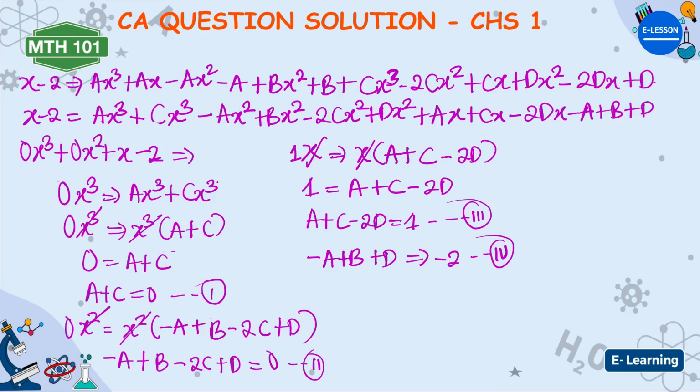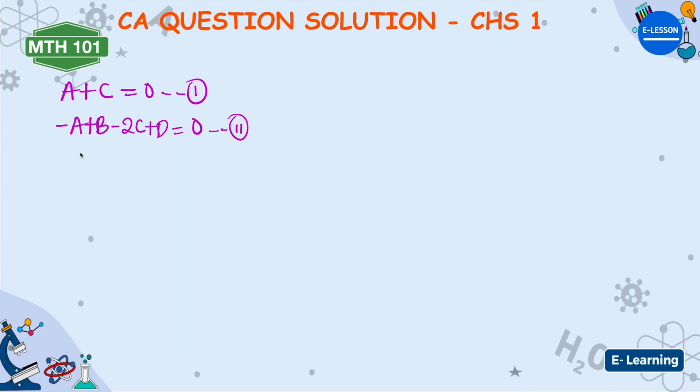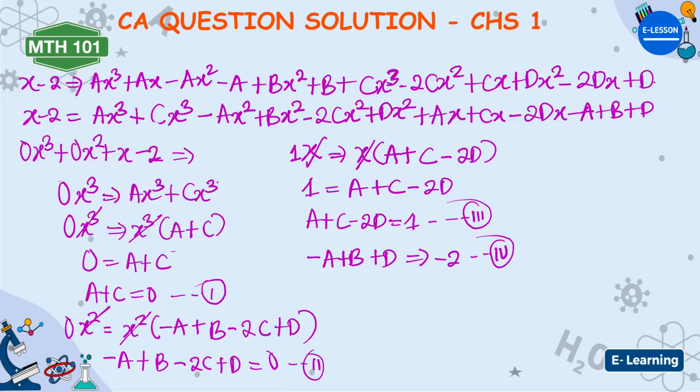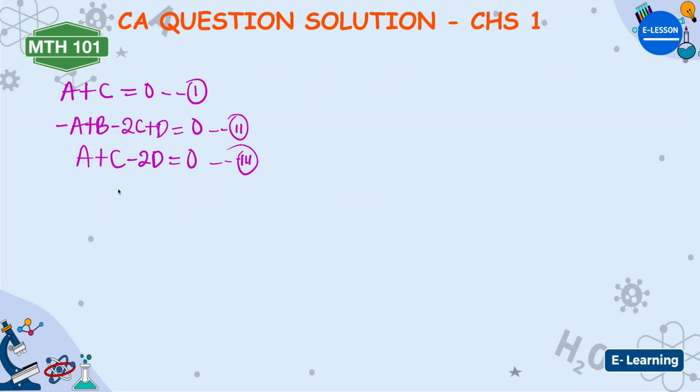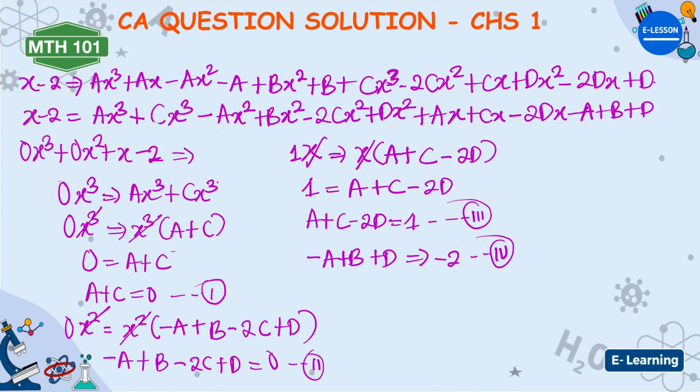Then equation 3 is a plus c minus 2d is equal to 0, equation 3. All right? And then lastly, you have the last one, minus a plus b plus d is equal to minus 2, equation 4. All right?